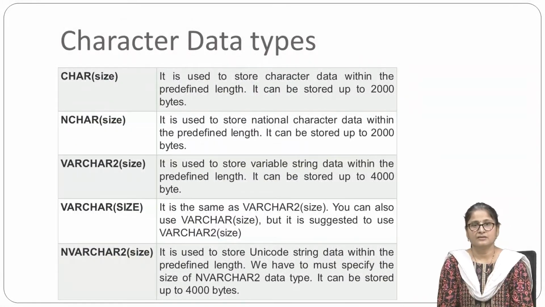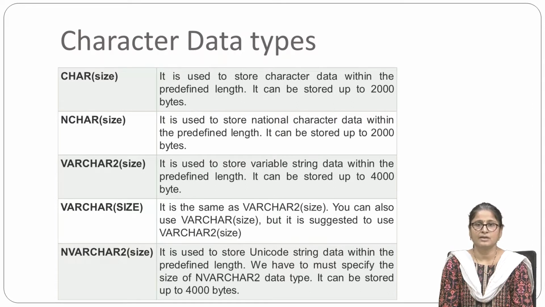So let us talk about which kinds of data types are allowed in Oracle. The first data type is called character. Inside the character you have to specify the size. It is basically used to store characters within the predefined length, and it can store up to 2000 bytes.